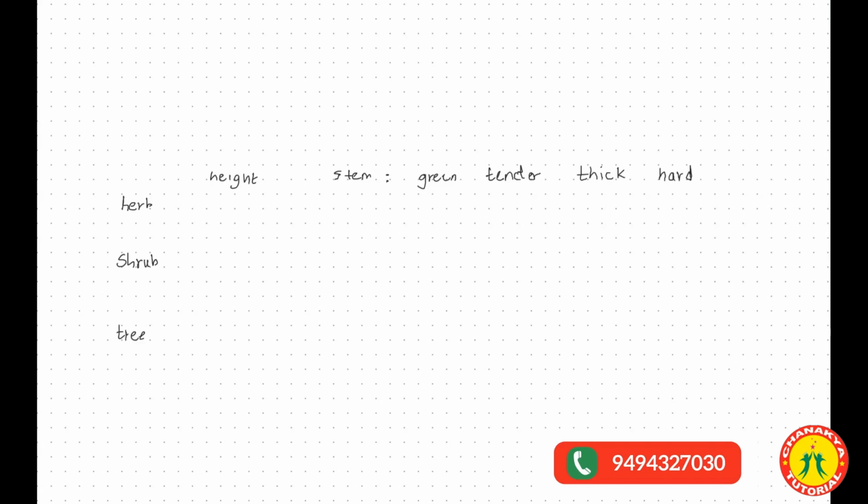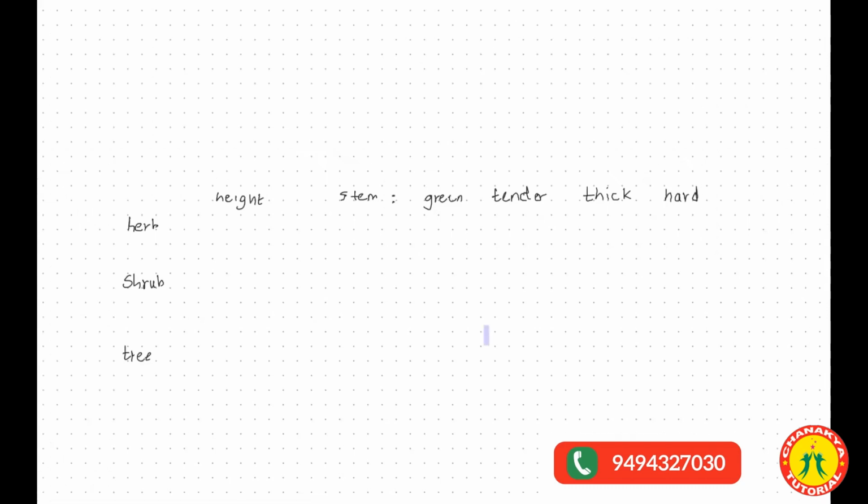Please write short under the height. Now shrubs are short, tall, or very tall?